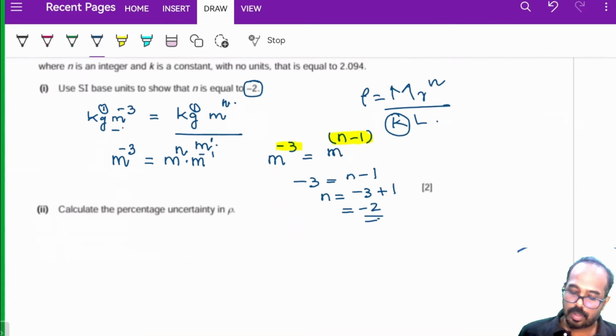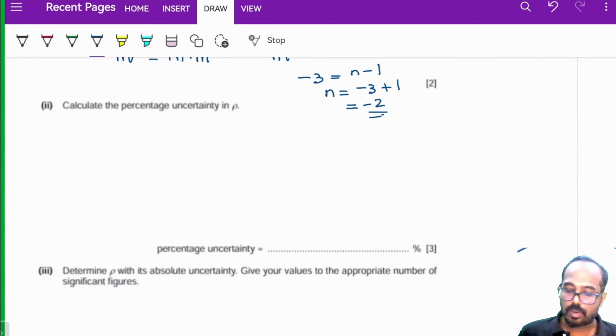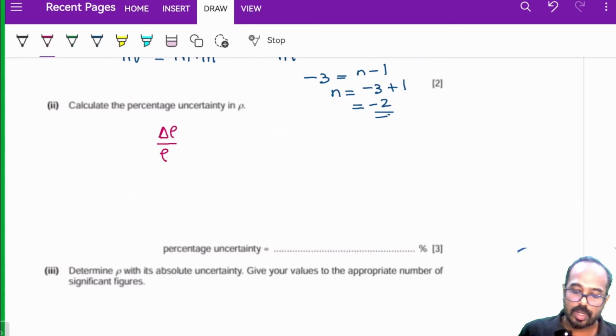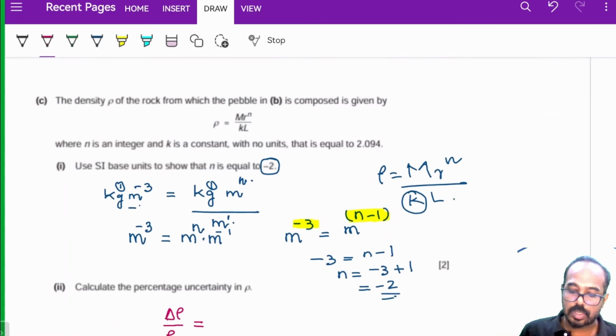Got it? Next part is calculate the percentage uncertainty in the density rho. So how can you calculate the percentage uncertainty in density? Fractional uncertainty in density, delta rho by rho, multiplied by 100. Finally, you can multiply it, okay? Fractional uncertainty in density is equal to, which all quantities are measured in the equation?